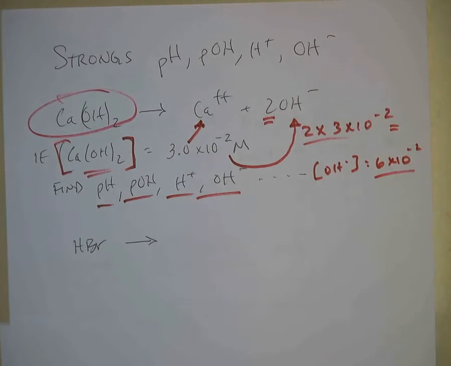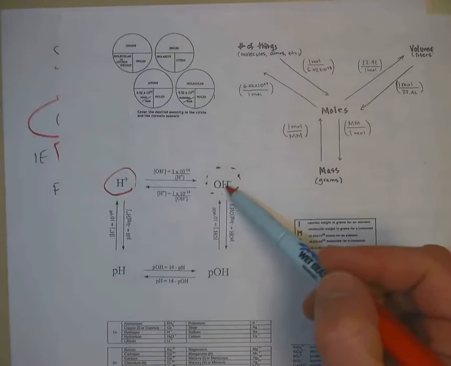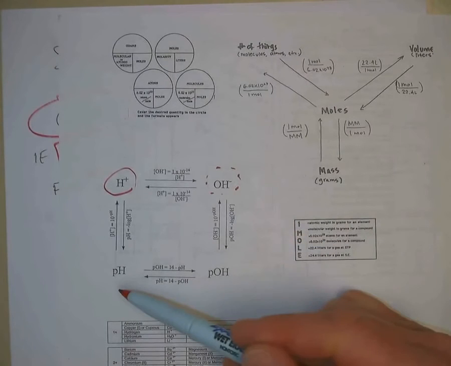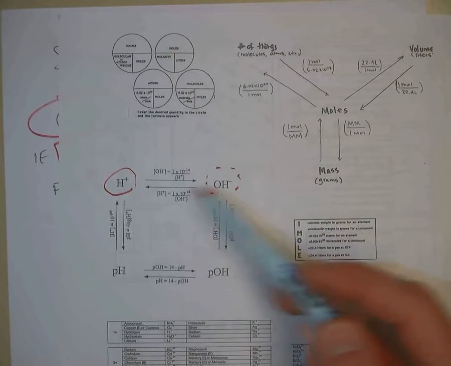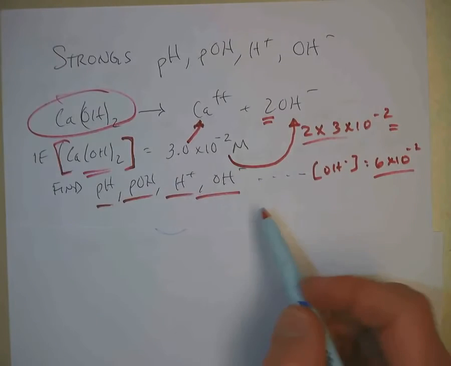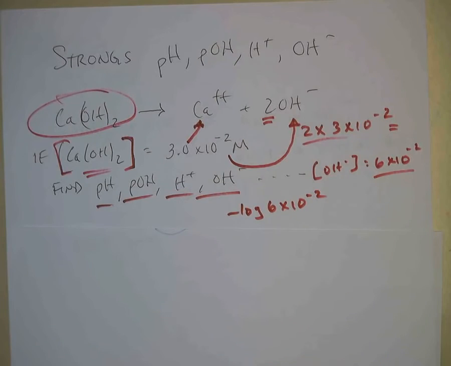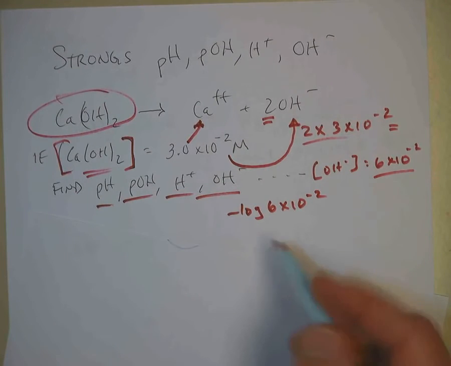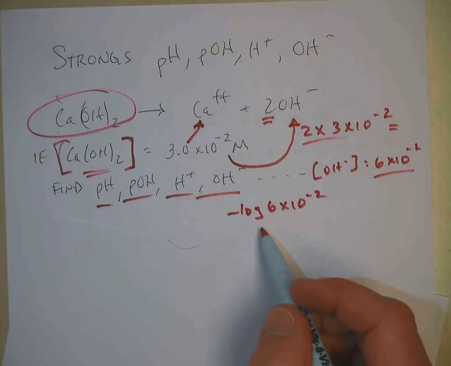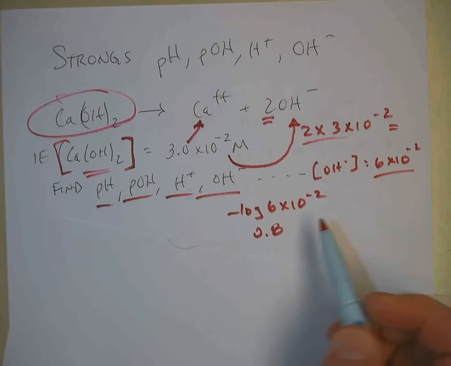And now you can move it through the box that we just talked about right here. And we can go from OH to POH to pH and then back up here to H, or you can move the opposite direction too. So you'd take the negative log of 6 times 10 to the negative 2, which, let's see, the negative log of 7 is 0.85, so this is probably like about 0.8, I'm guessing. And then the negative log of 10 to the negative 2 is approximately 2.